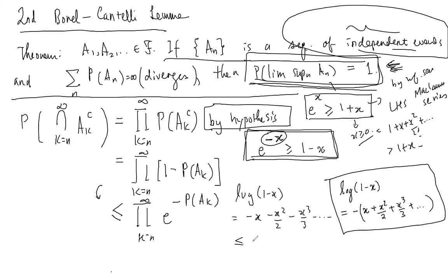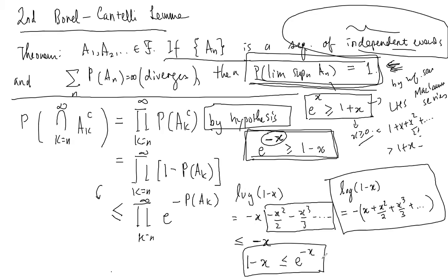Therefore, it's less than or equal to minus x, because it's got a whole bunch of negatives added to it. So it's definitely less than or equal to minus x. At most it's equal to minus x. So you get this inequality: log of 1 minus x less than or equal to minus x. Take the exponential on both sides, and you will get this inequality, which is basically this thing.